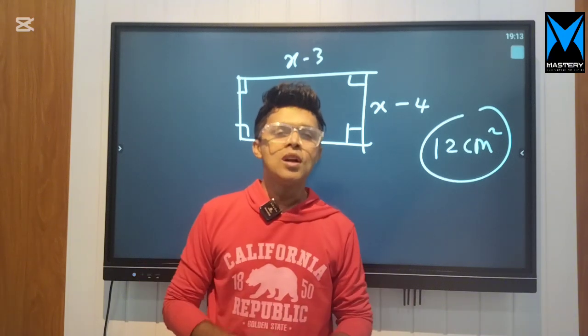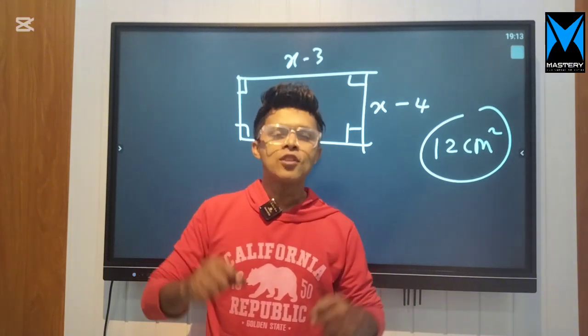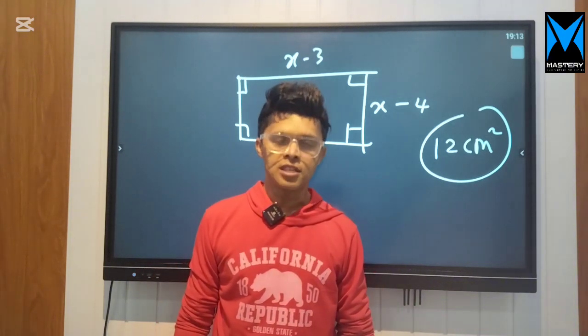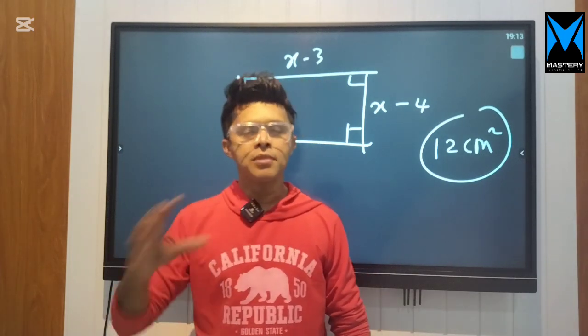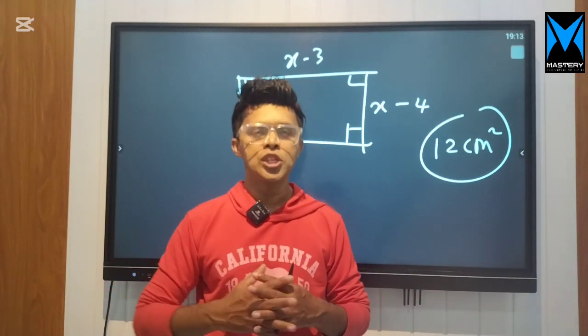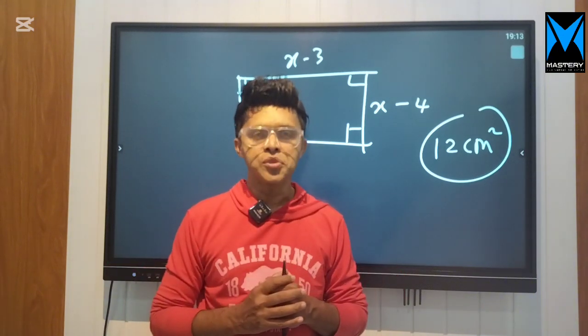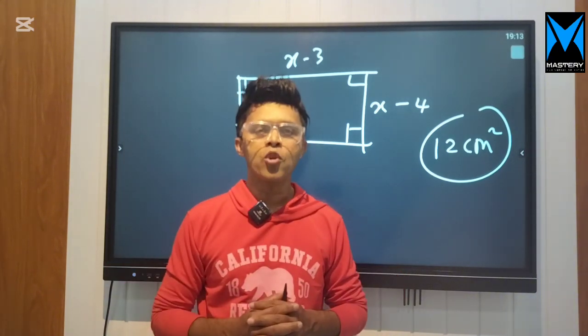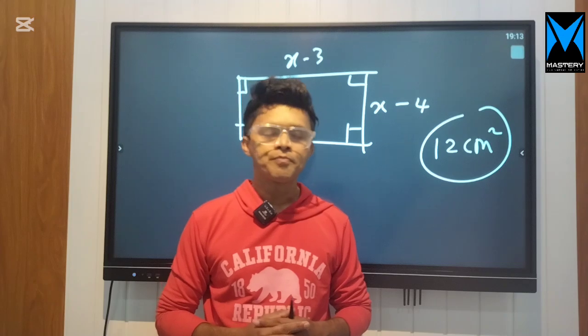What you need to do is get the length and the breadth of this rectangle. To get the length and the breadth, you need to set up an equation. A quadratic equation should be set up.